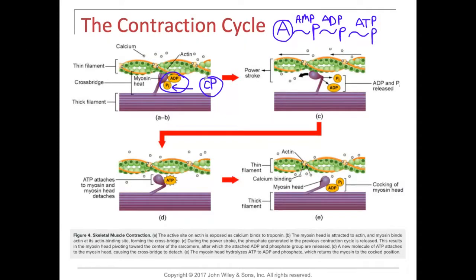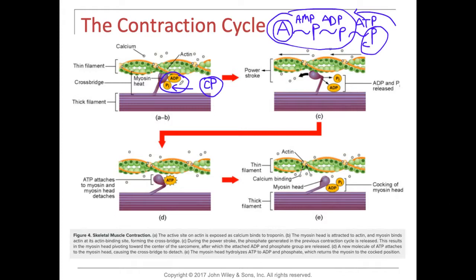And this is fast, quick energy, like a quick burst of energy, like a power lifter uses CP. Okay, so this means that you have ADP with a creatine phosphate hanging out right next to it. But when they join forces, you get ATP.